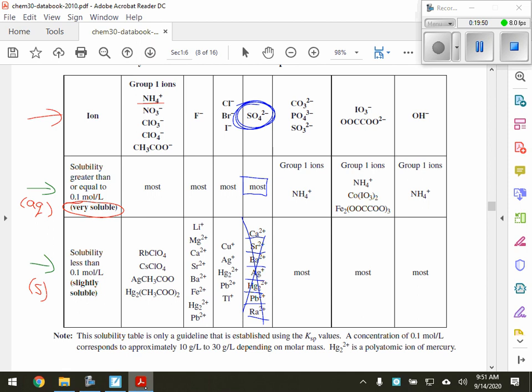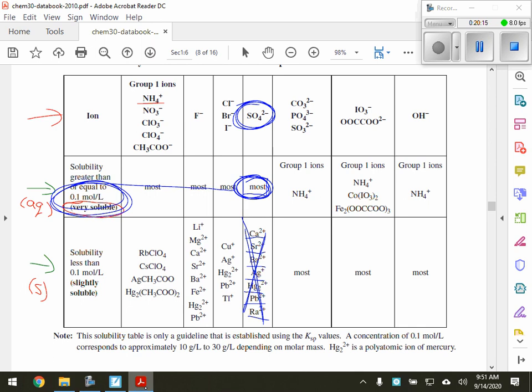So it has to be in the "most" category. Most of the ions with sulfate are very soluble, yes? Aluminum 3 plus fits into that "most" category. I know that because it's not one of the ones listed down here, so aluminum 3 plus must be here. Okay, I'm only focusing on that one ion. I don't care about anything else. And because it's in this row, that means it's very soluble.